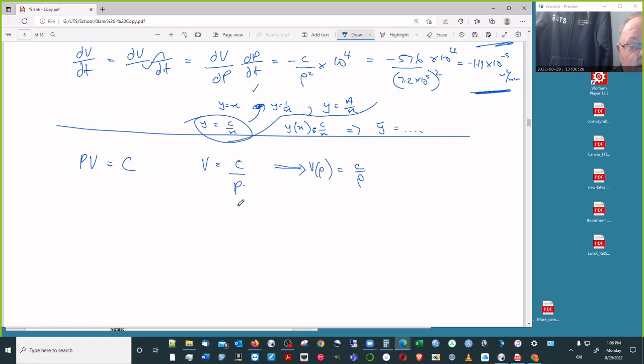So if I want to differentiate that, I would say, what am I differentiating? I'm differentiating V with respect to P. So that would mean I'm writing dV dP.